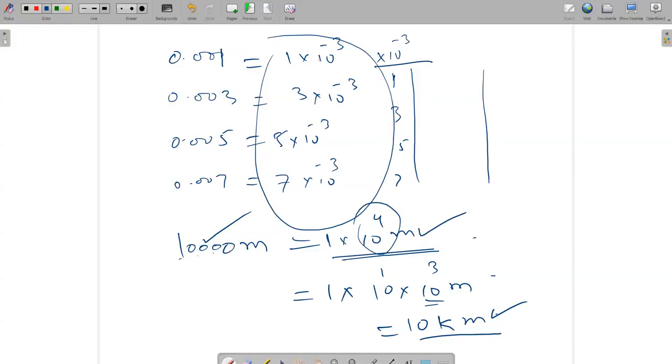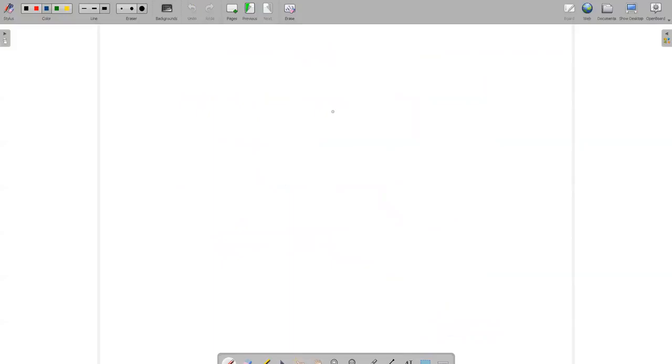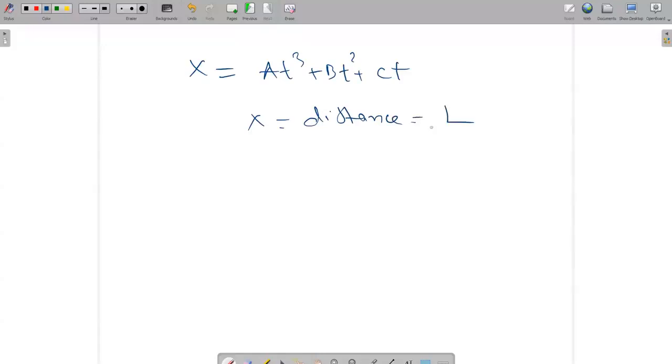Okay. So after this, I already explained this one: x is equal to AT cubed plus BT squared plus CT. And it says that x is the distance. If x is the distance, then we know that its dimension will be L. So what is the dimension of A?